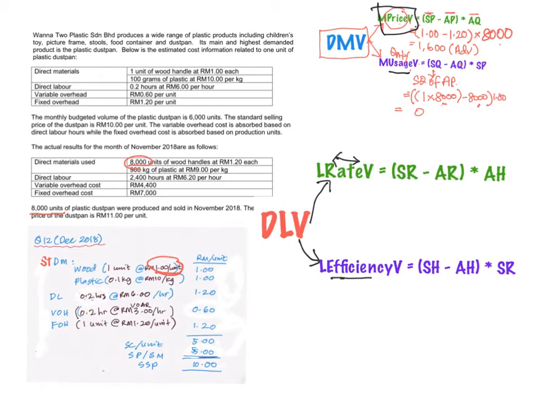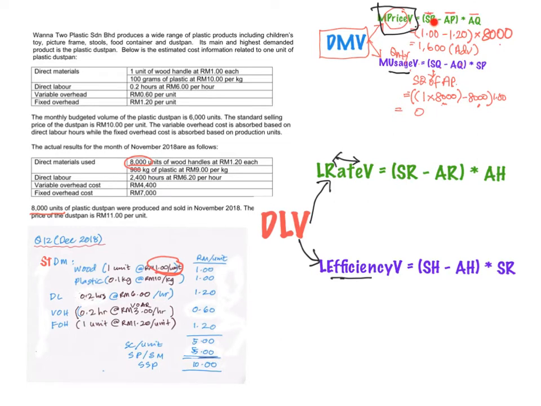Okay, so we go to labor rate variance first. As you can see, labor rate variance is standard rate minus actual rate, times actual hours. This is like the material price formula: standard price minus actual price times actual quantity.